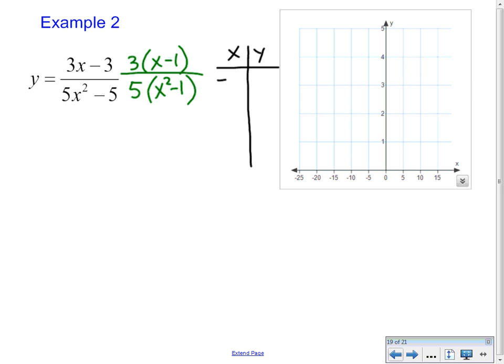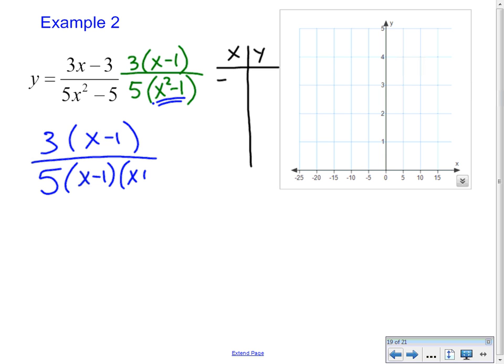But let's factor this completely. x squared minus 1 doesn't cancel like that, but x squared minus 1 factors as the difference of two squares. So there is a piece of it that will cancel out.